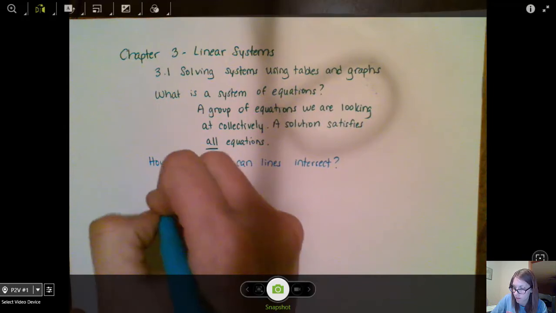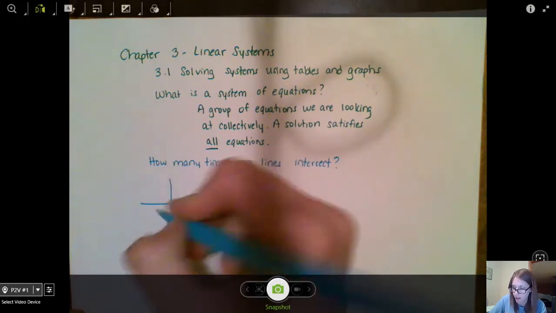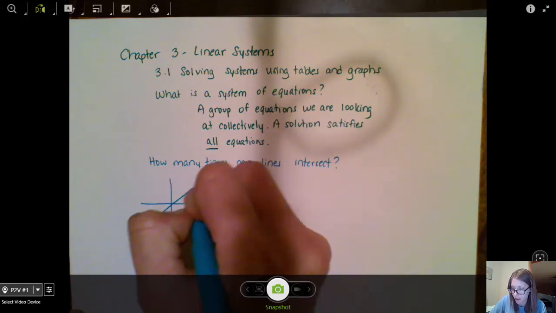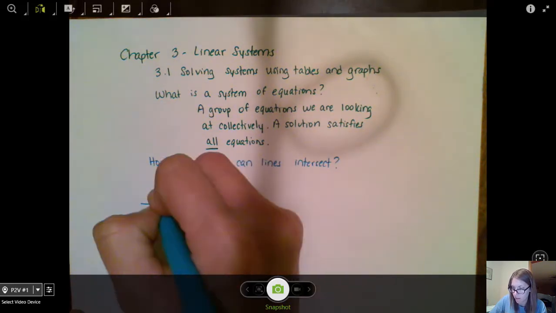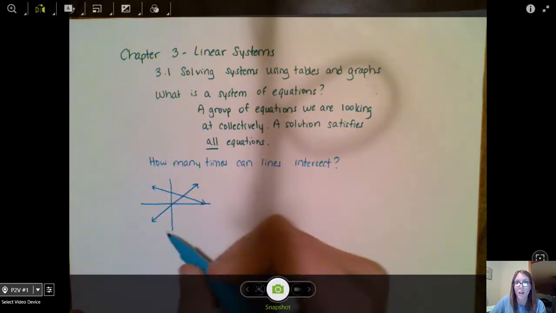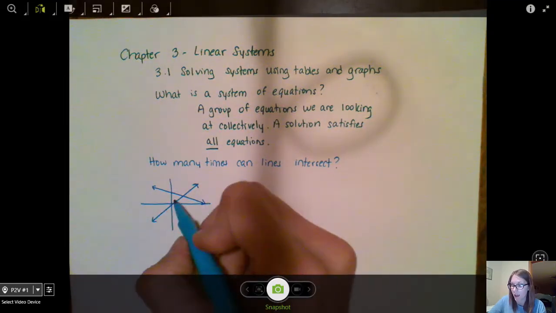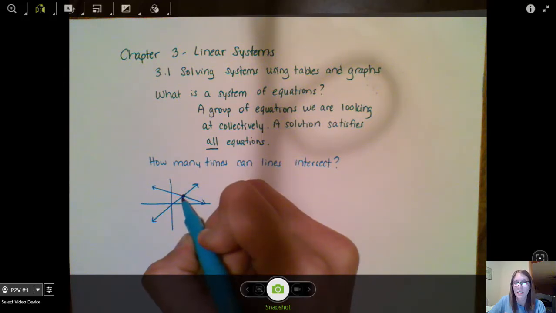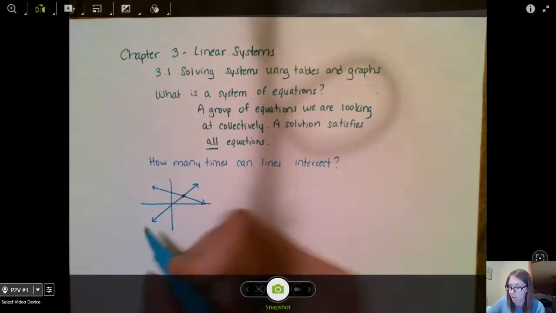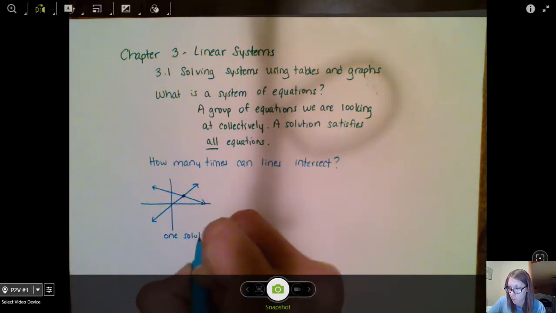Well, the first one that probably comes to mind is if we have two lines, maybe something like this. And those two lines intersect once. Okay, if they intersect once, this point right here is a solution. It would satisfy both of our equations at the same time. So in this case, there is one solution.